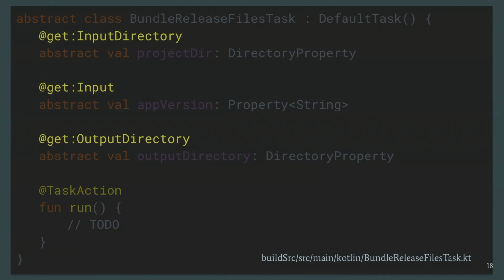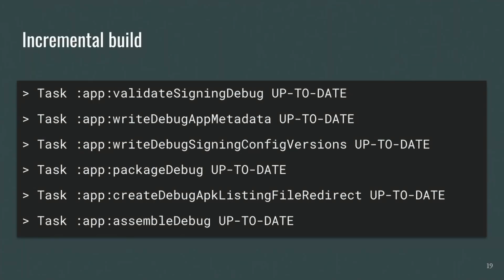So Gradle is smart enough to detect that there are no differences in the input and output parameters, and it will skip the task execution. When you execute a lot of tasks, it's a good thing to skip task execution in order to take less time for the global execution. This principle is called incremental build, and when you see a task with the state up to date, it means that the task execution has been skipped.